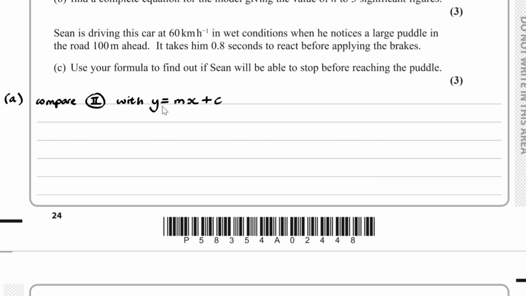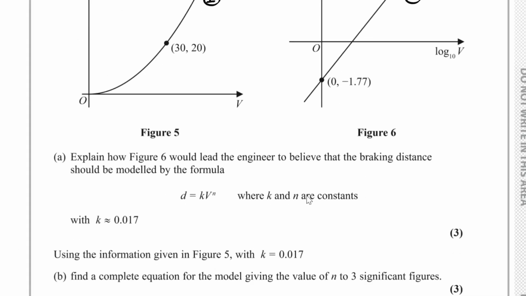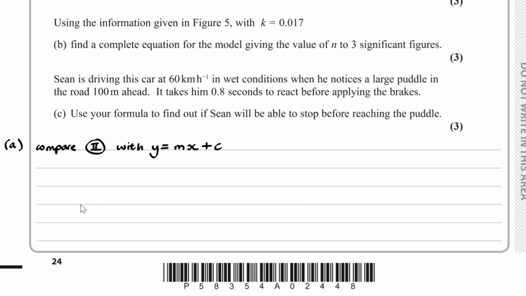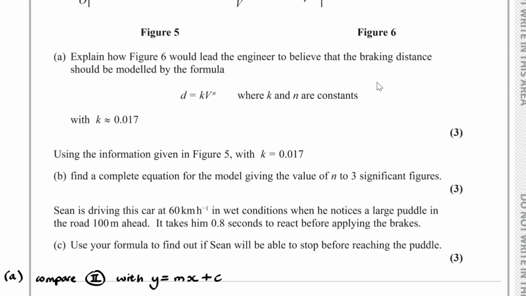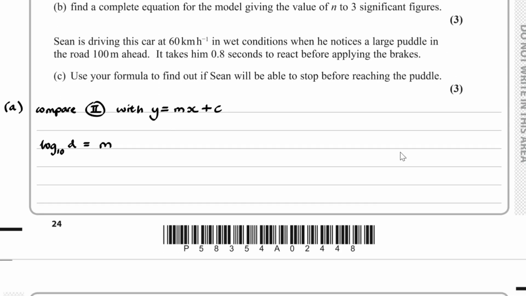So we have log base 10 of d, that's this y-axis, so to speak. And this is equal to m, that's the gradient, lots of x. Well, this is essentially our x-axis, the log base 10 of v.